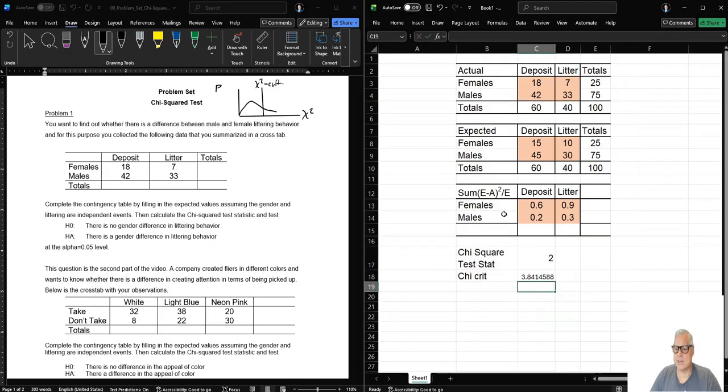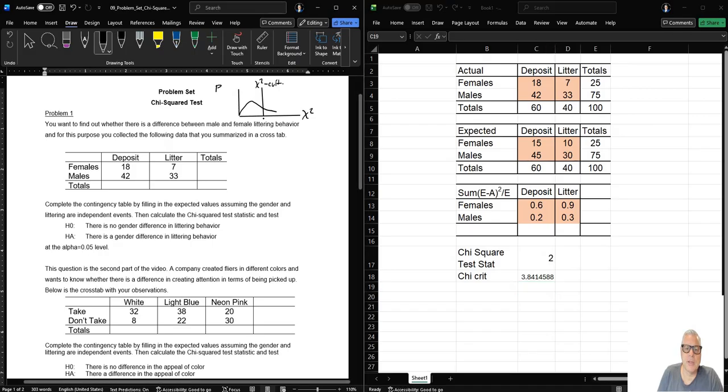And that means that our critical value is something like 3.8. But we can clearly see that the 2 is inside, so we fail to reject.